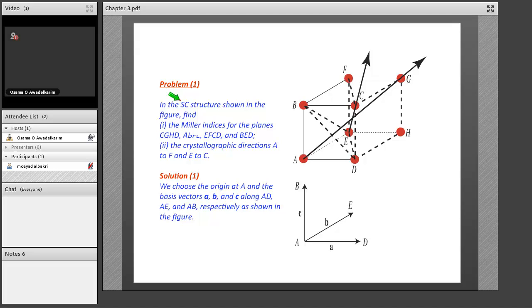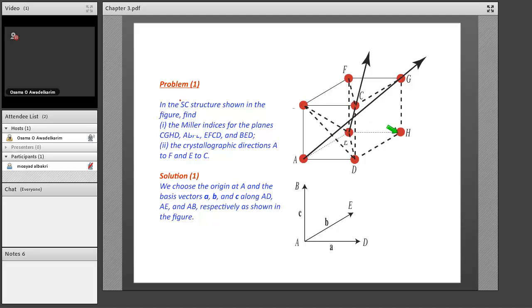Miller indices define planes. So we want to find the Miller indices for the plane C, G, H, D. So this back dotted plane. How do we find the Miller indices? How do we define this plane?